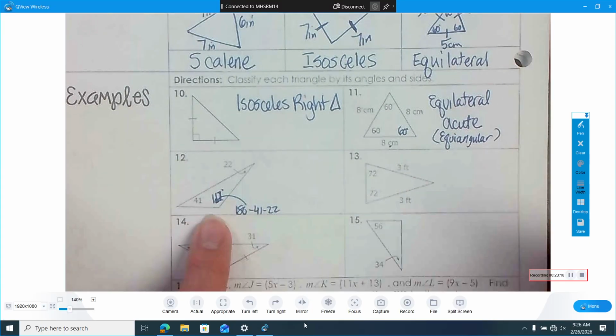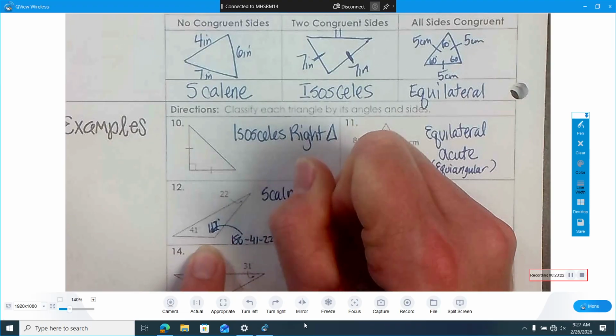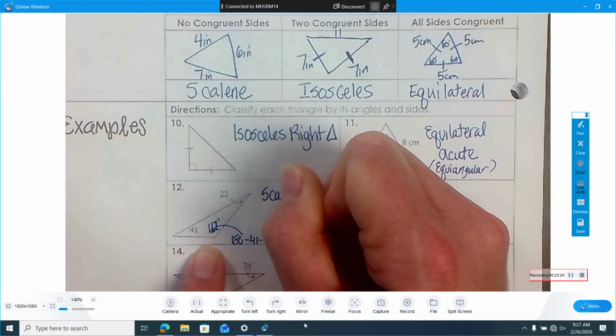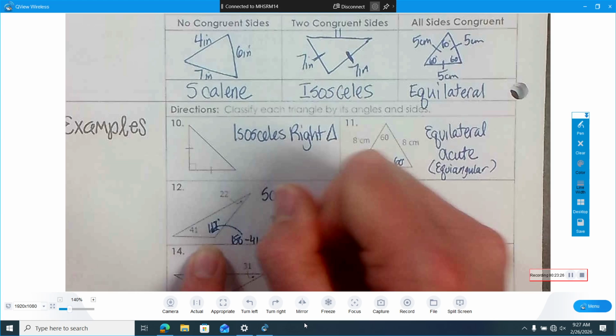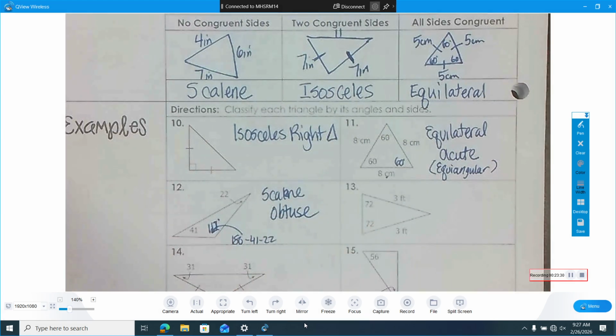Tell me about the three sides. Are they the same or different? Different. So that is scalene, S-C-A-L-E-N-E. And it has one obtuse angle. So scalene obtuse. It has one fat angle. All the sides are different lengths.